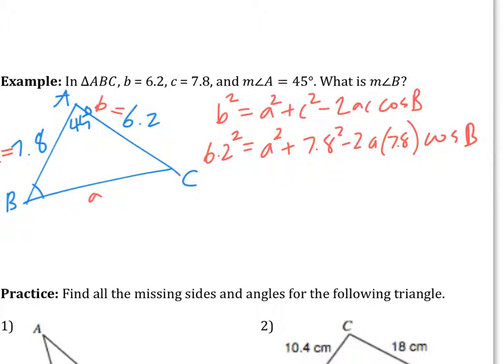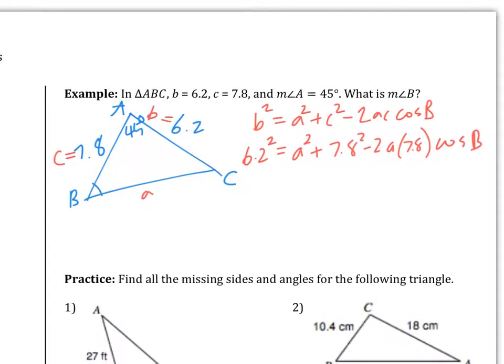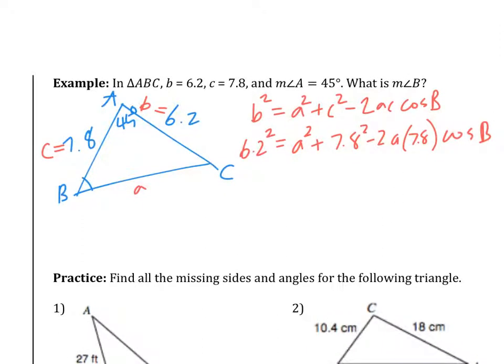Shouldn't we find A first? Find A first. Side A. Why can't we use the equation with A squared? Yes, you're right. I'm sorry. You guys are so smart.